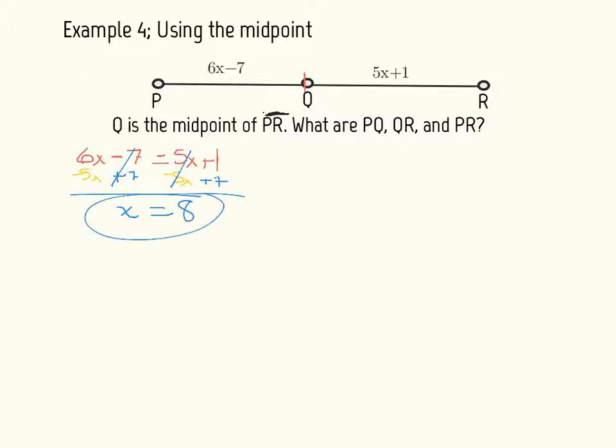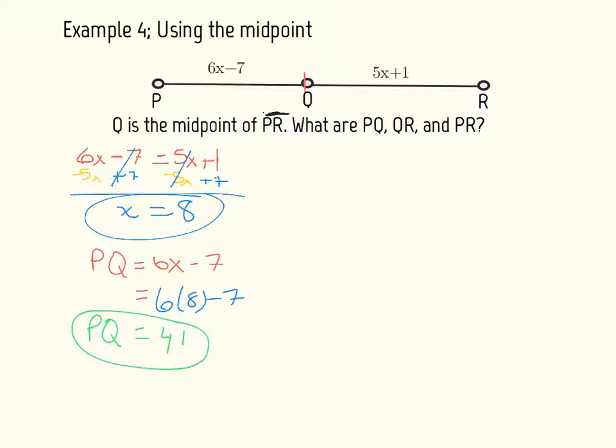So x is equal to 8. Now I'm going to take that information and plug it in to find everything else. So first of all, PQ is equal to 6x minus 7, so plug it in. So 6 times 8 minus 7, giving me PQ equals 41.